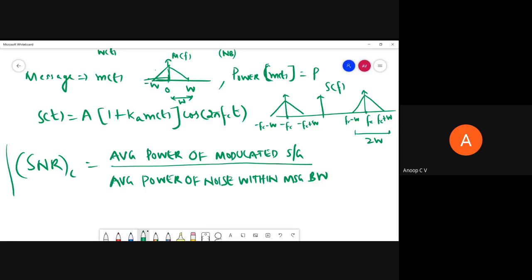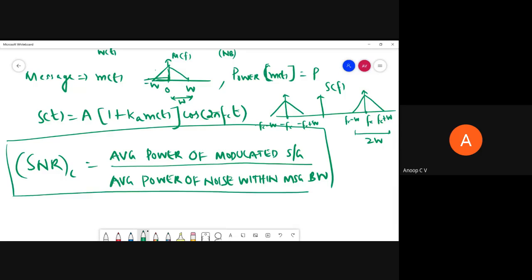Please do remember this. This is the definition of channel signal to noise ratio: the ratio of average power of modulated signal to average power of noise within message bandwidth.